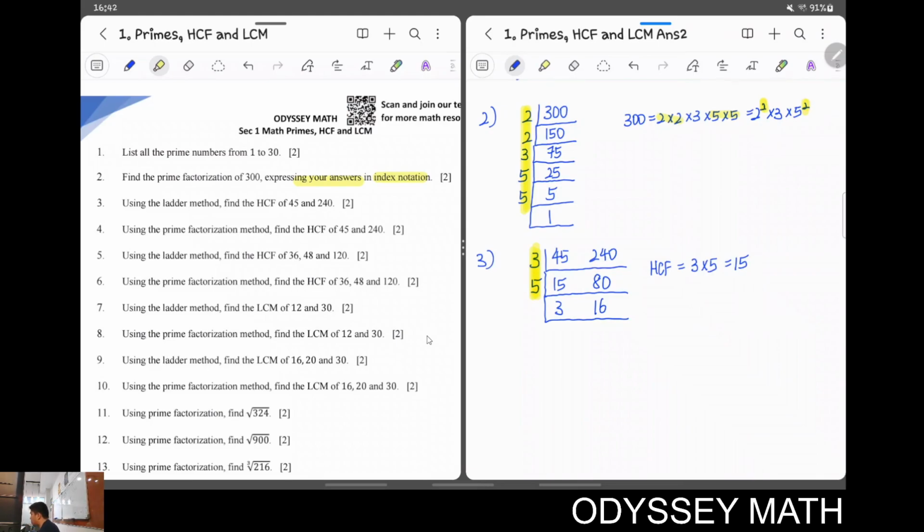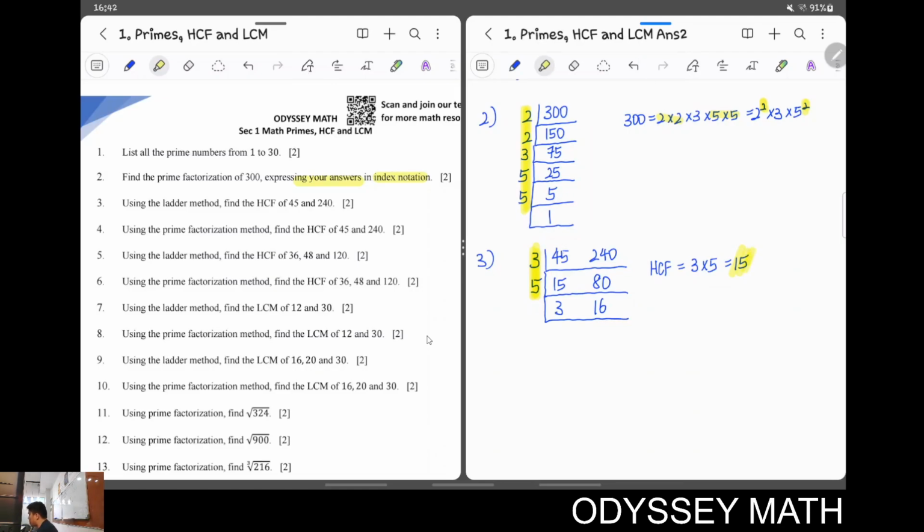But just to elaborate a bit to understand, we are looking at factors of 45 and 240, but more specifically, we are looking for the highest common factor. And it happens that we have solved for the highest common factor of 45 and 240, which is 15.